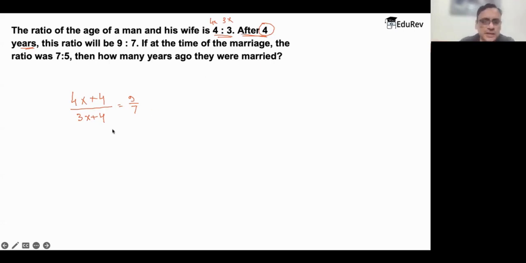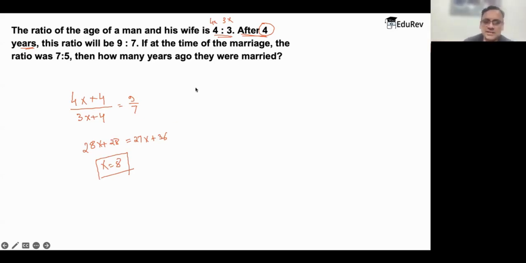Let's cross multiply. 7 into 4, 28x plus 28 is 27x plus 36. So that gives you x is equal to 8. So I got the value of the constant. Most important part in a ratio question, if you have to find values, is always the constant. Once you have the constant, more or less your question is done.